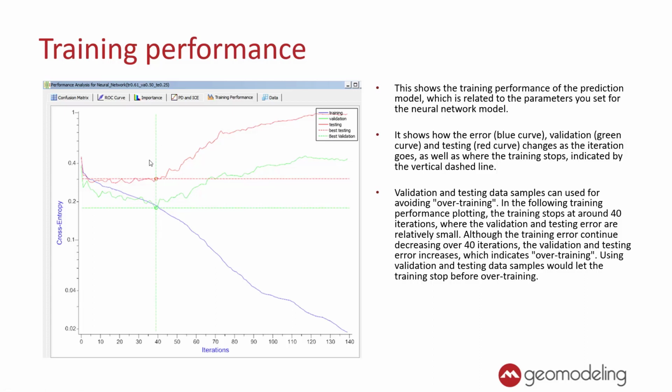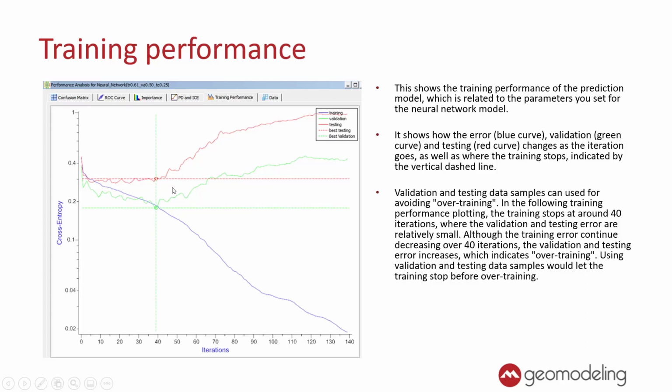Validation and testing data samples can be used for avoiding overtraining. In this training performance plot, the training stops at around 40 iterations, where the validation and testing error are relatively small.